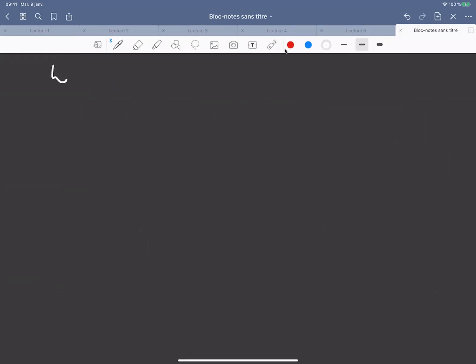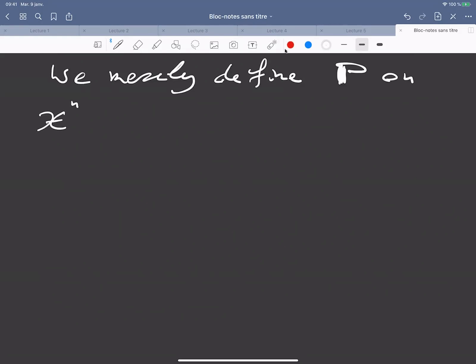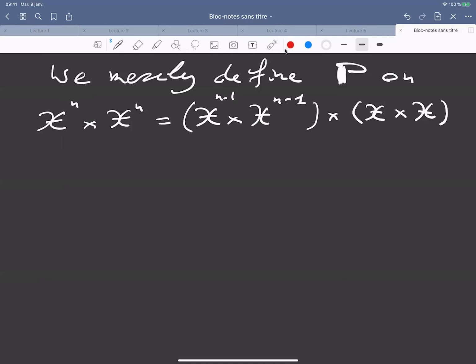We merely define bold P on the space X to the power n cross X to the power n that we see as the product space X to the power n minus 1 cross X to the power n minus 1 cross X cross X. This is the space where we have defined our conditional couplings.